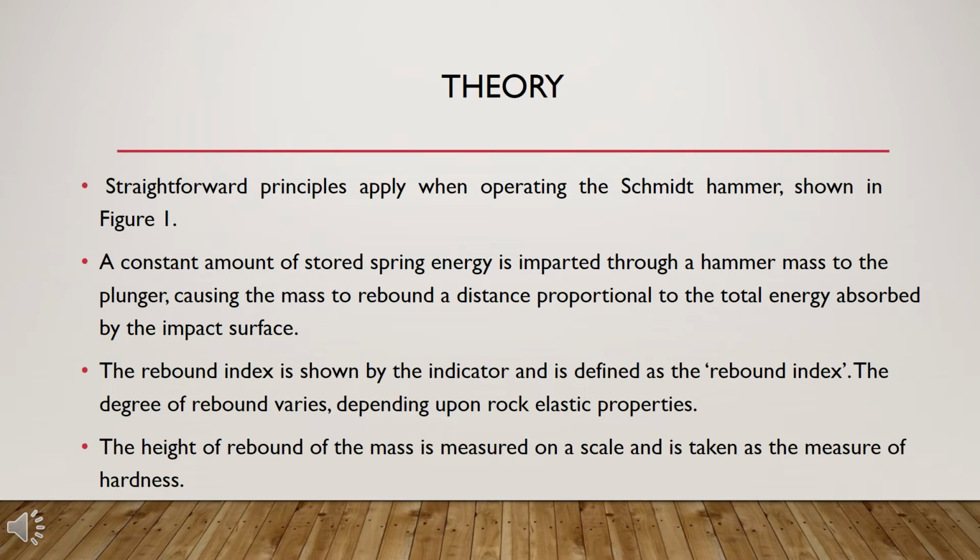The rebound hammer index is shown by the indicator and is defined as the rebound index. The degree of rebound varies depending upon the rock's elastic properties. The height of rebound of the mass is measured on the scale and is taken as the measurement of the hardness.